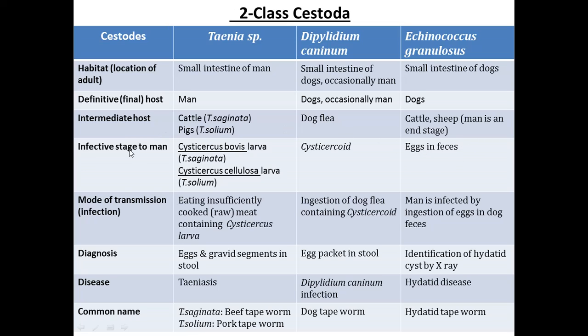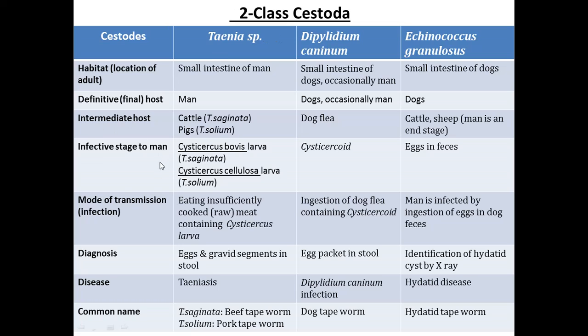Okay, we said that the infective stage has two items related to it: a past item and a future item. The past item is where it came from. We mean the intermediate host.